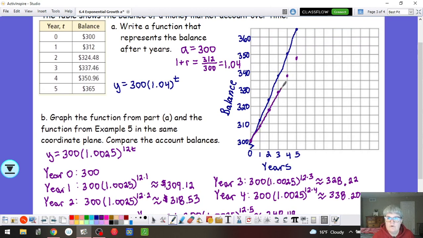So this one is growing too, just not quite as fast as the function where it is compounding annually at a rate of 4%.